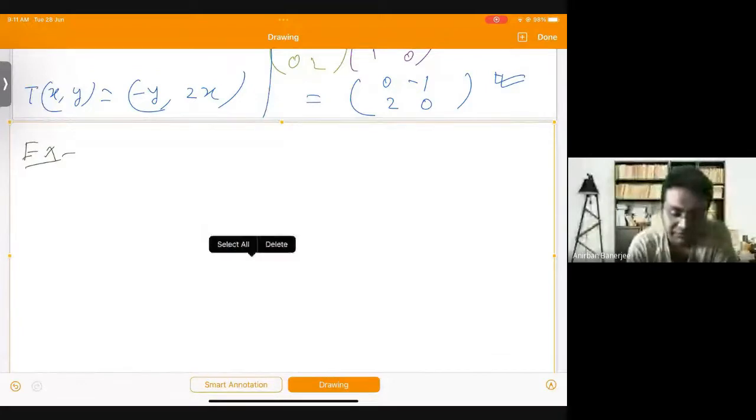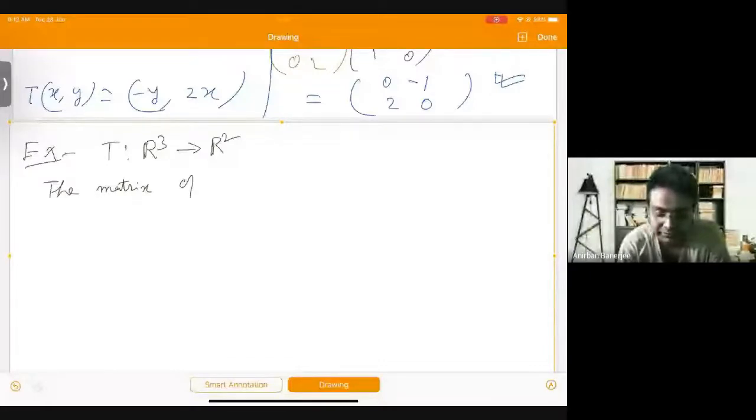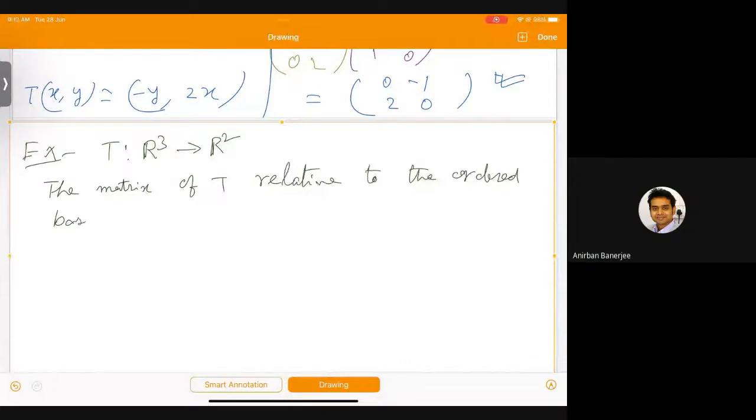Let's say we have a linear transformation T that maps from R3 to R2, and the matrix of T relative to the ordered bases.